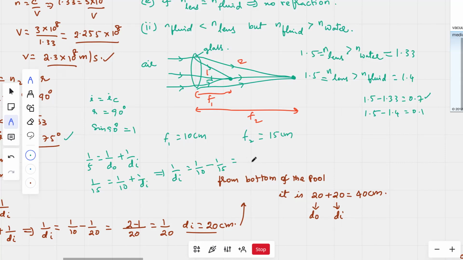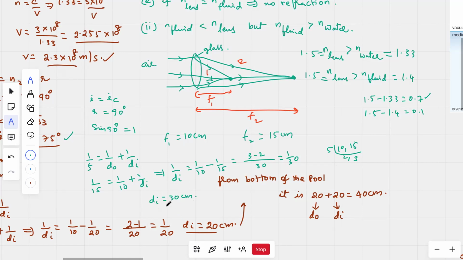So the LCM is 30, and this is 3 minus 2, that is equal to 1 by 30. And then di is equal to 30 centimeters.